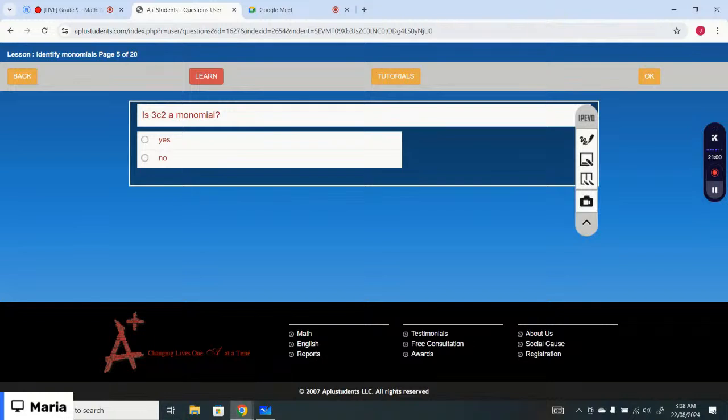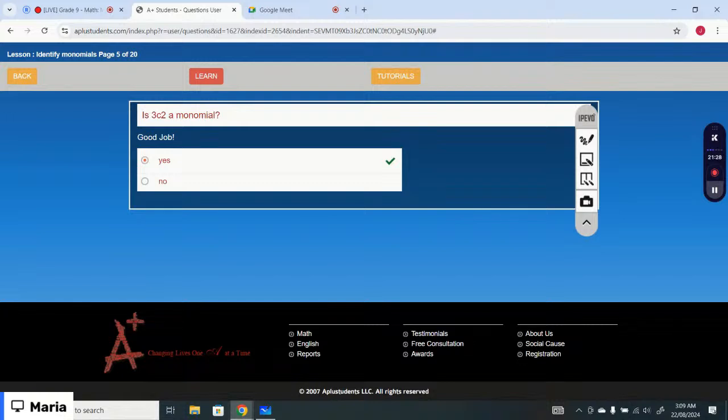Is 3c square a monomial? Yes or no? The correct option is yes, it is a monomial. Option number 1 is the correct option.